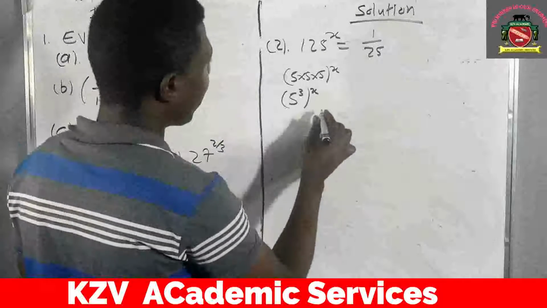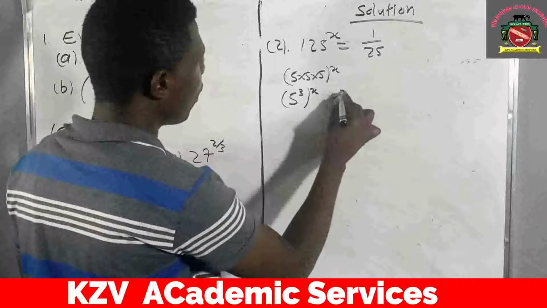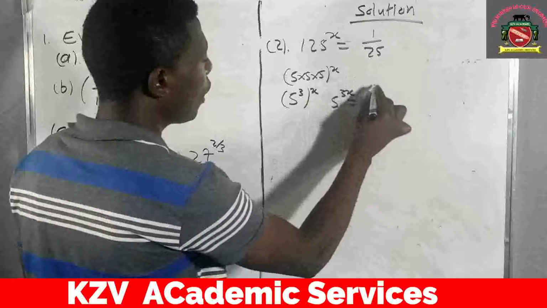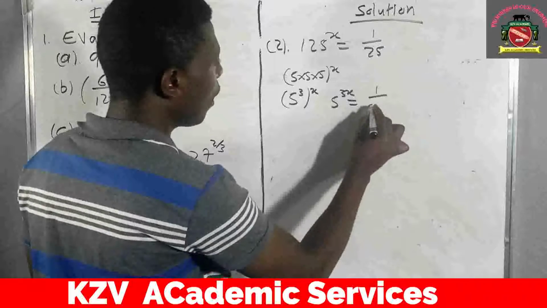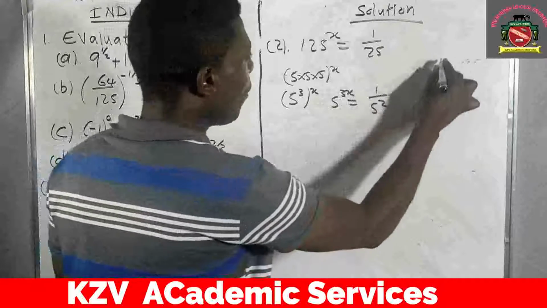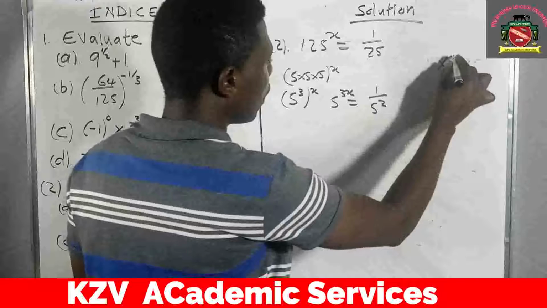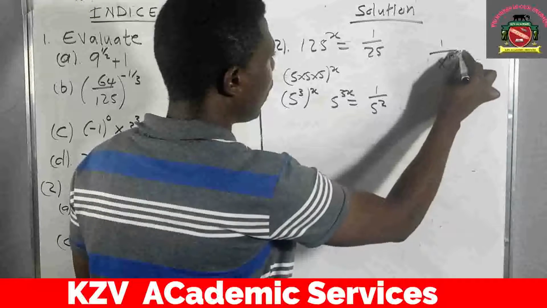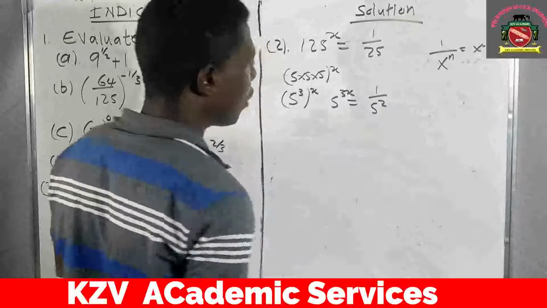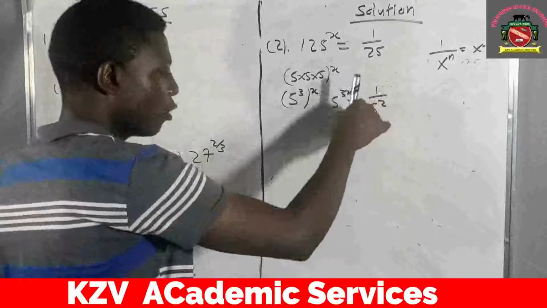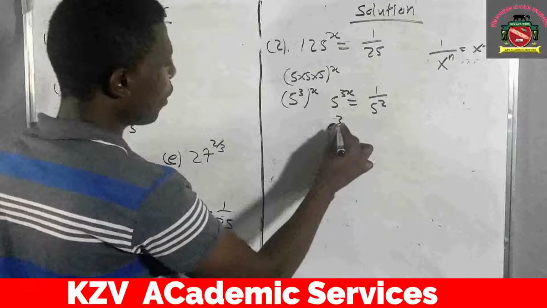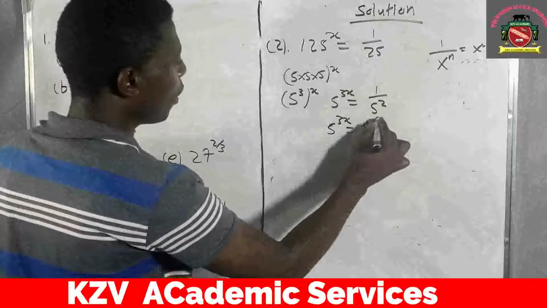It means that here we can say 5 to the power 3x is equal to 1 over 5 to the power 2. But remember, 1 over x to the power n is the same as x to the power negative n. So I'll say 5 to the power 3x is the same as 5 to the power negative 2.